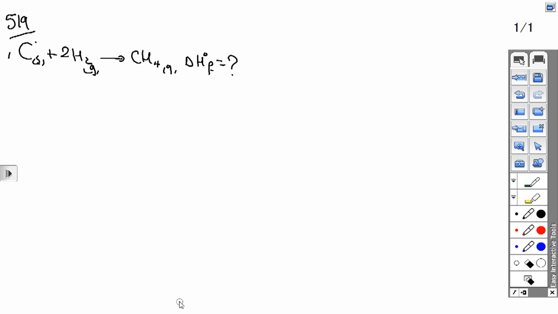The steps of this reaction are: C plus O2 produce CO2, and delta H equals negative 393.5 kilojoule.